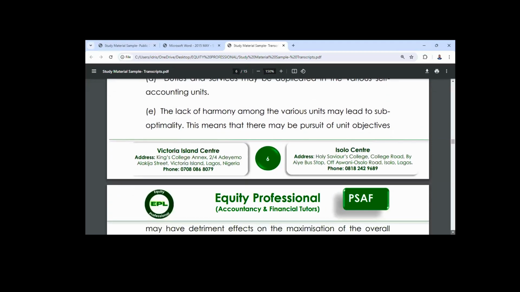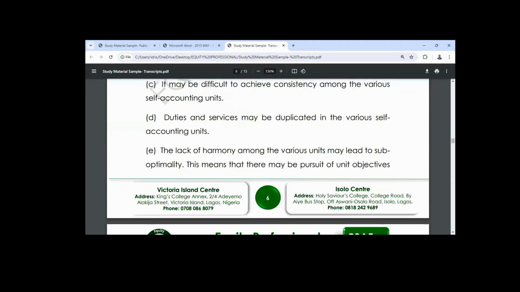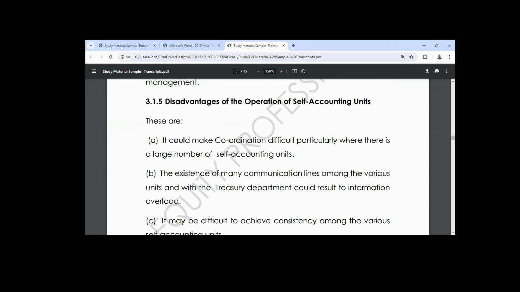What are the disadvantages of self-accounting units? Number one, it could make coordination difficult, particularly when there is a large number of self-accounting units.